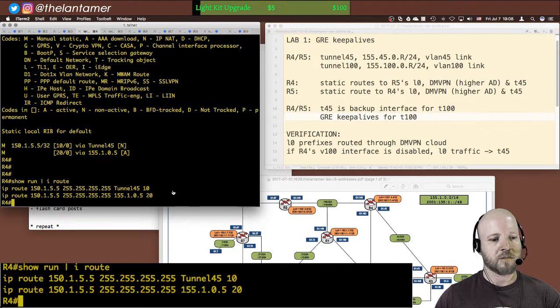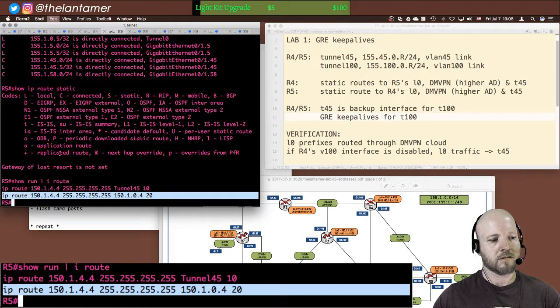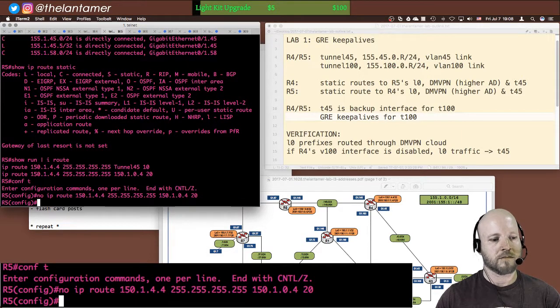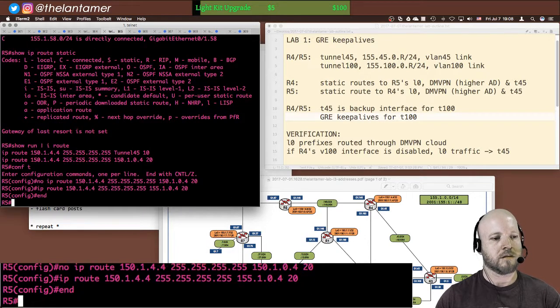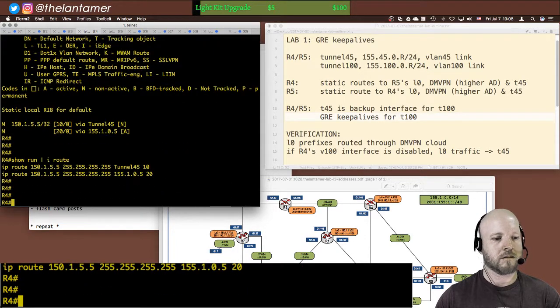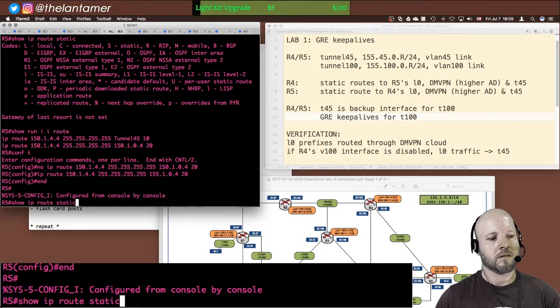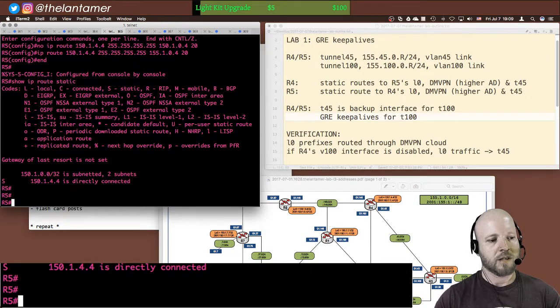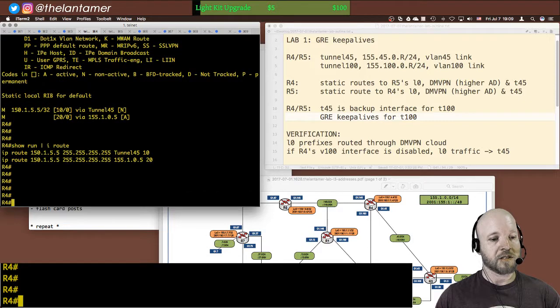Yeah, that's got to be something to do with VIRL here. Oh, 150, that's why. That's why this one is wrong. Yeah, now it's there. Okay, now our configuration is working.